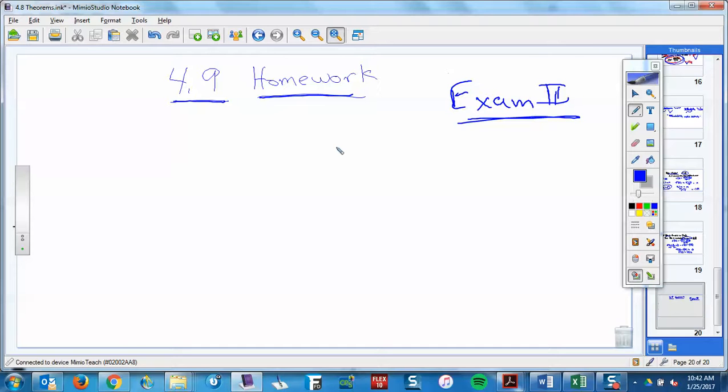Colin, when were you going to do that? Supposedly we're not leaving until after first block on Friday, so I might just come in and take it with the rest of your first block. Yeah, that'd be great. Okay.